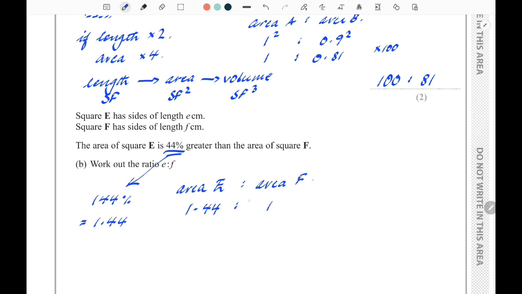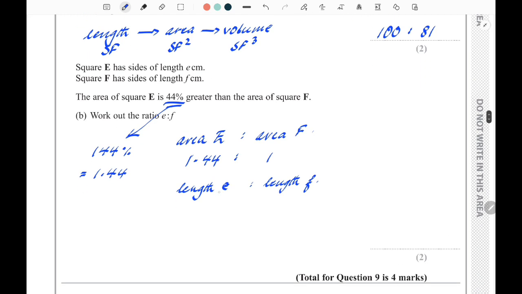So if that's the area scale factor, then the length scale factor, if you like, length of E to the length of F is going to be the square root. I just want to switch here. Look at what we have here.